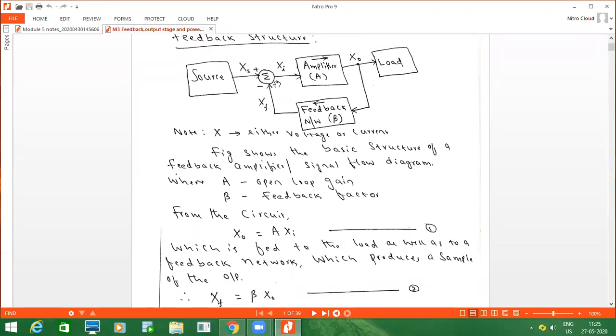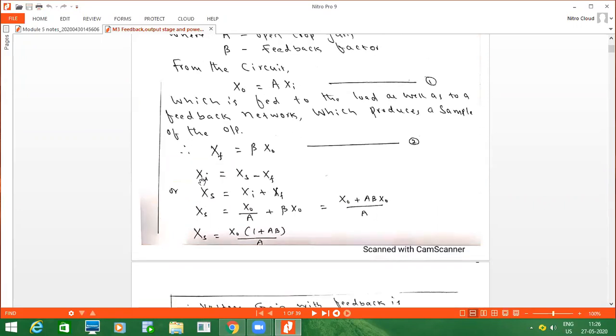Can we write like this? Xi will be equal to XS minus XF. This is one equation. Or XS will be equal to the summation of these two. That is what I am representing here.